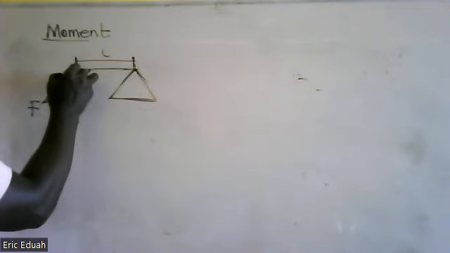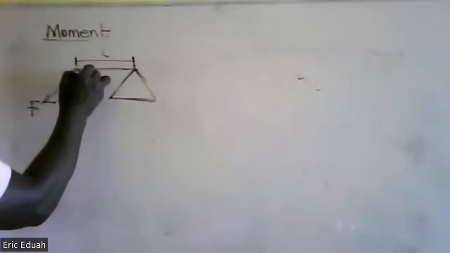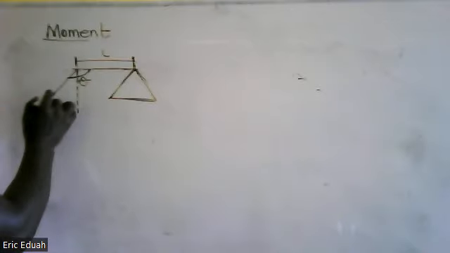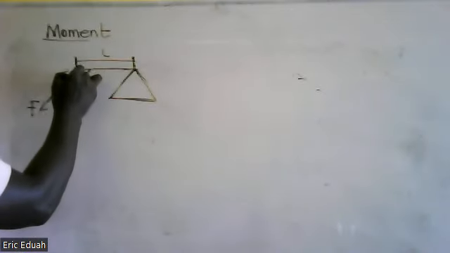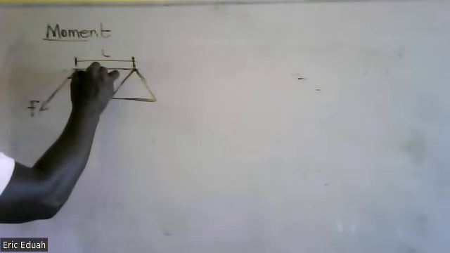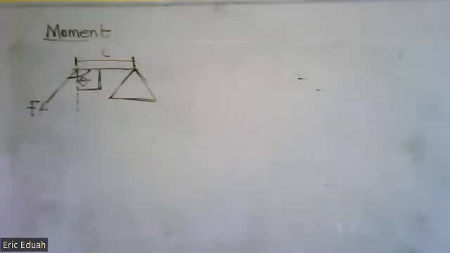So if I could get something like this, a component of this force F which will be perpendicular to the line L, I can easily calculate the moment or the torque.